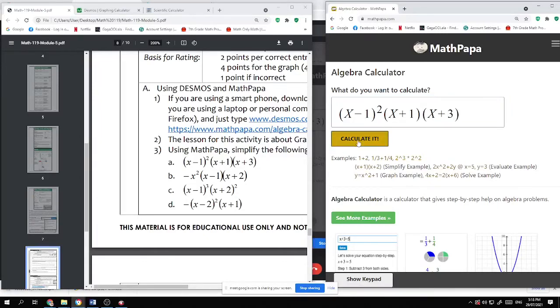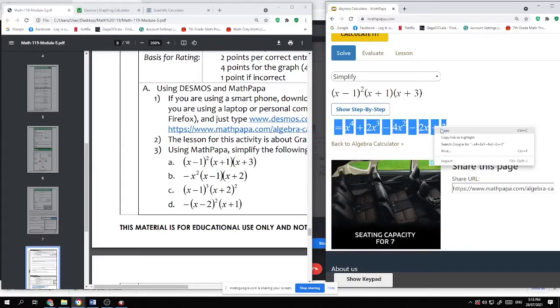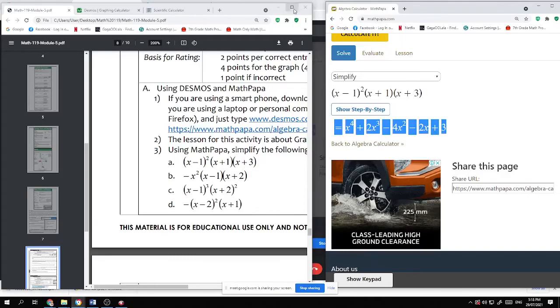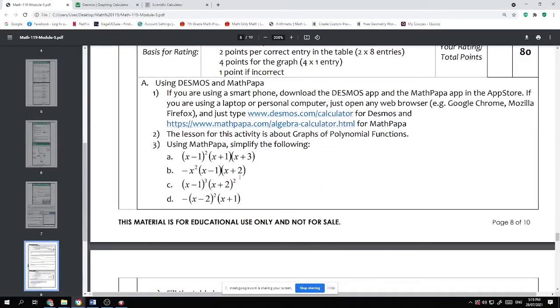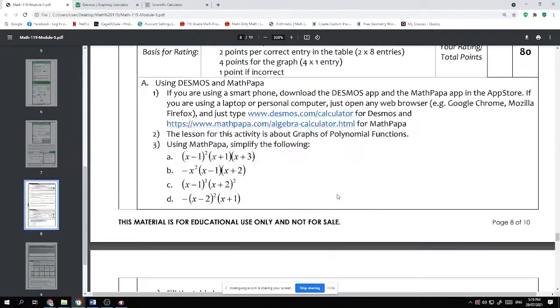Then you calculate. So this one, you copy, going back to our CM, you write it here in the polynomial function over here. Write the resulting expression in number 3, because in step number 3 we use Math Papa to simplify this.